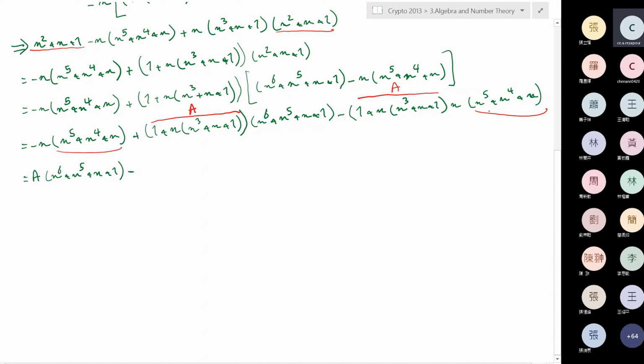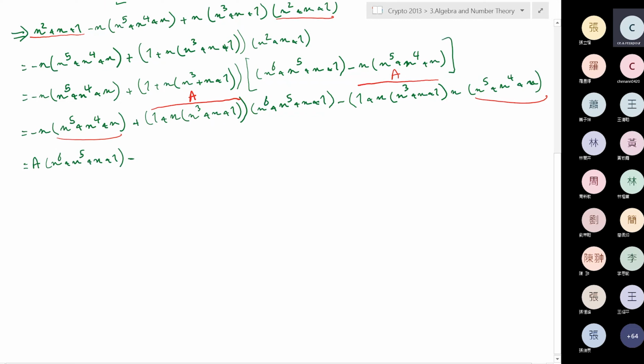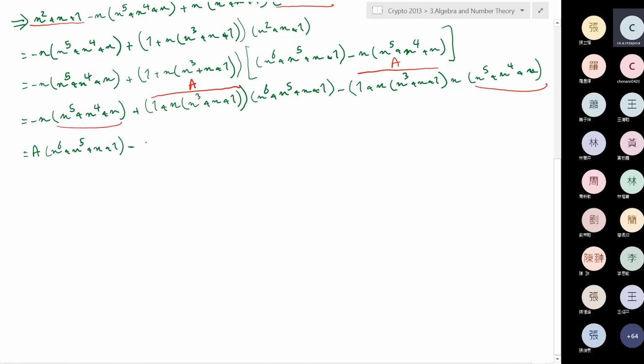We have a common coefficient over here, x5, x4, x, and then the same thing over here. So I can factor them. So if I get that, from the first side I get minus x. Actually, if I get minus that, I can have plus x. So x plus, and then from this side, I will have A times x.